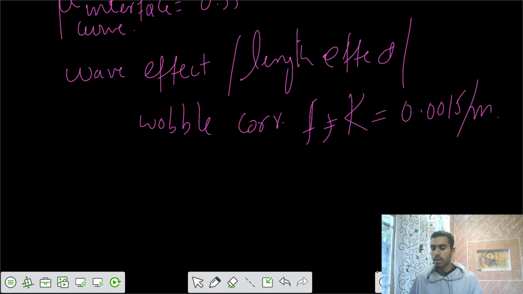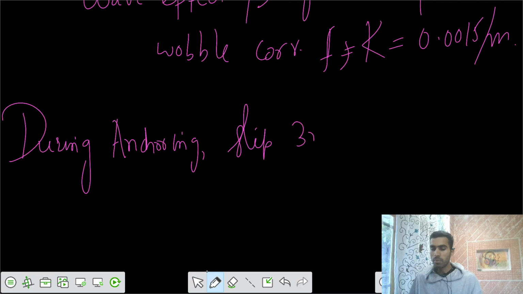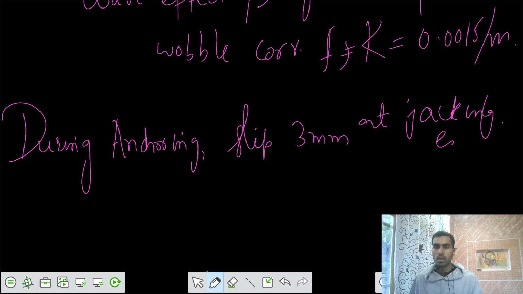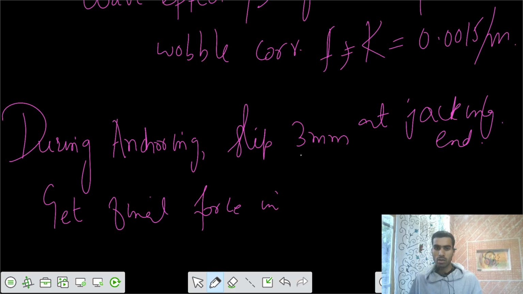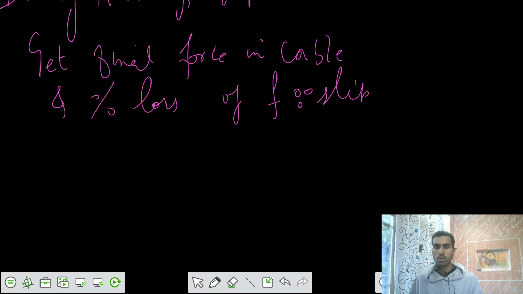And we are saying that during the time of anchoring the wire, there is slip also. How much is the slip? 3 millimeters at the jacking end. Now we need to get the final force in the cable, and the percentage loss of stress because of slip and friction.